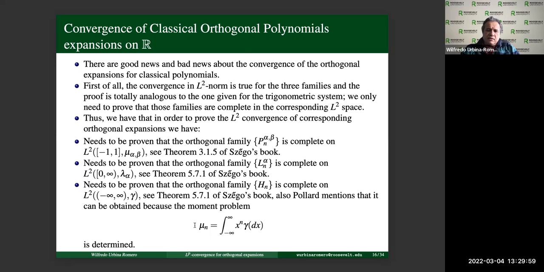That is, knowing all the powers of a given measure, whether these moments determine the measure. That is true in the case of the Gaussian measure, so you say that the moment problem is determined. So then, yes, we have L2 for everybody, just using the Hilbert space structure.